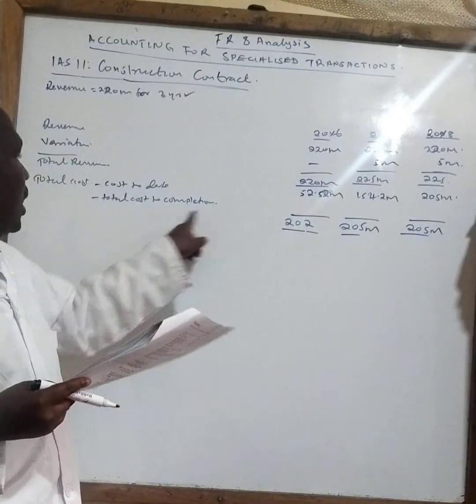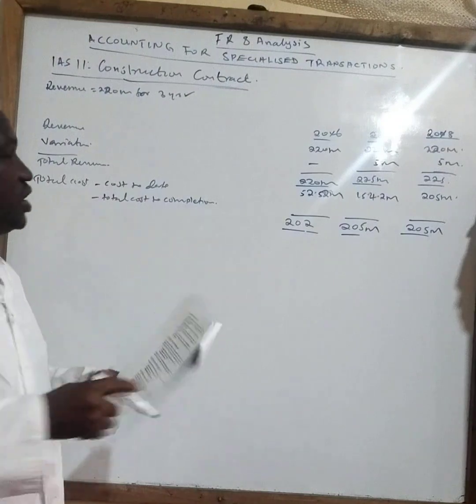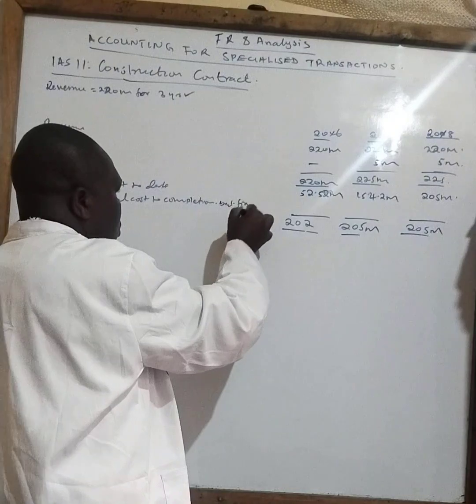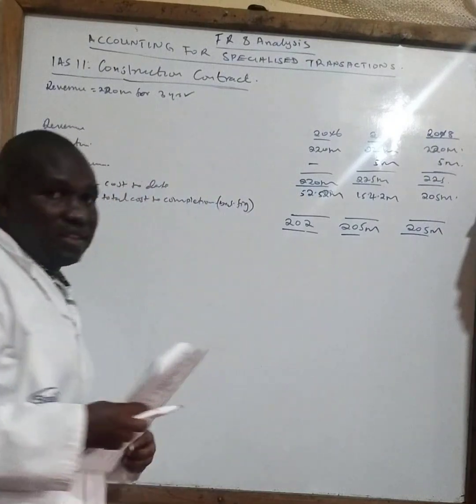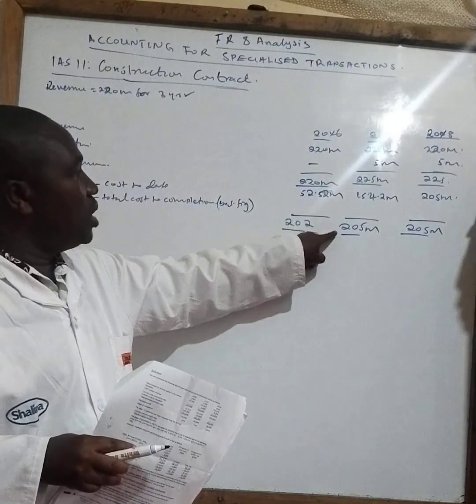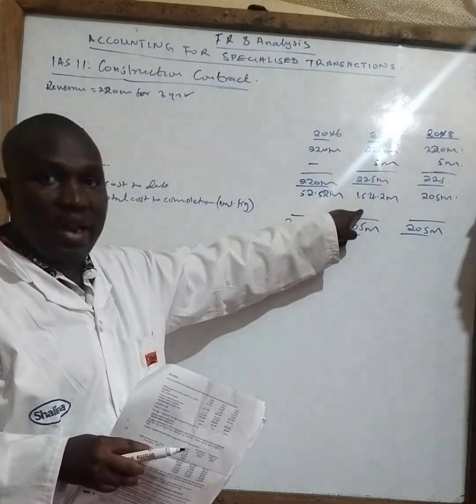So we can now calculate the total cost to completion, which is the balancing figure. So what is the balancing figure? 205 minus this, you get the balancing figure.